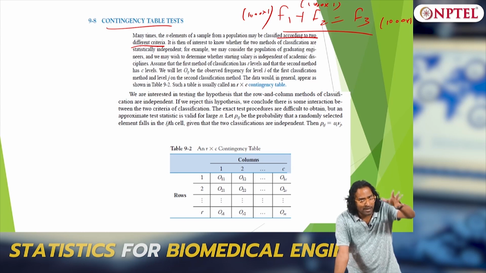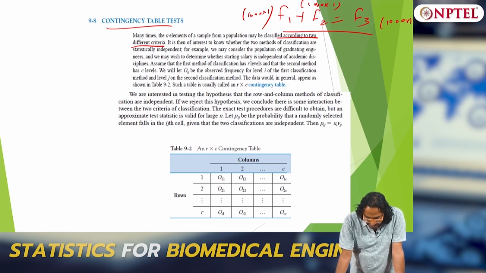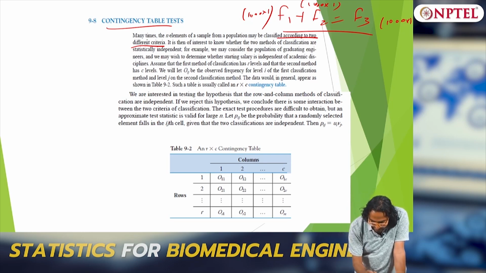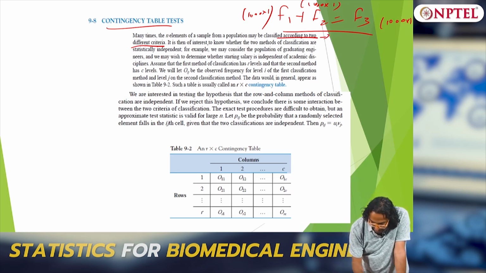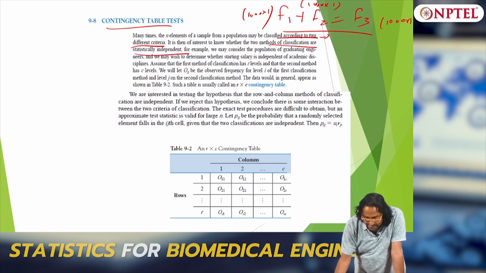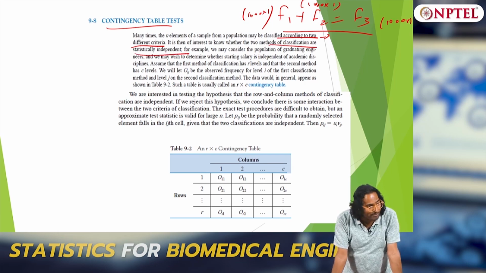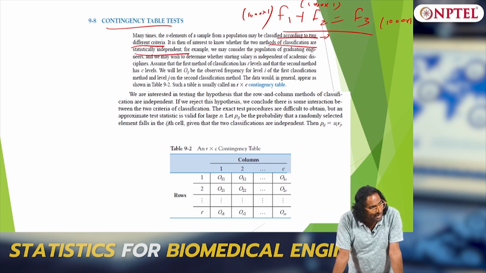Of course you can do this test for multiple variables pairwise. So what is my question? Many a times a sample from a population may be classified according to 2 criteria, and it is of interest to know whether the 2 methods of classification are statistically independent, that is, whether these 2 parameters are statistically independent or not.